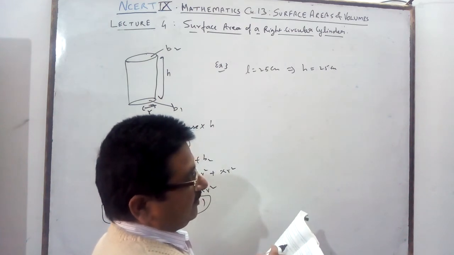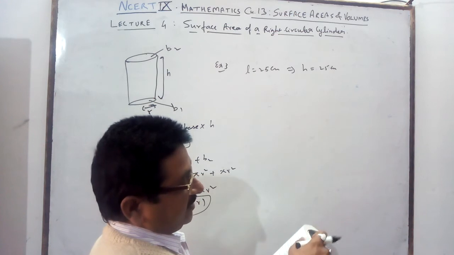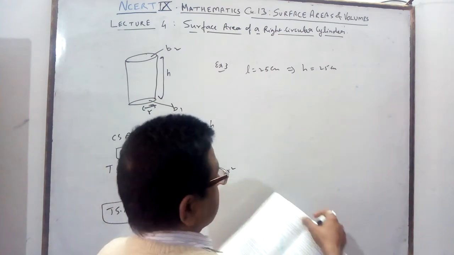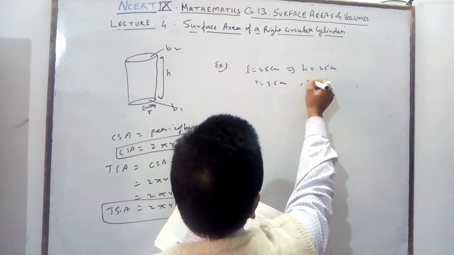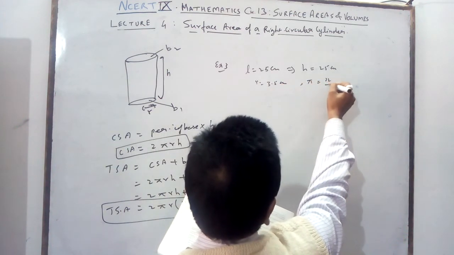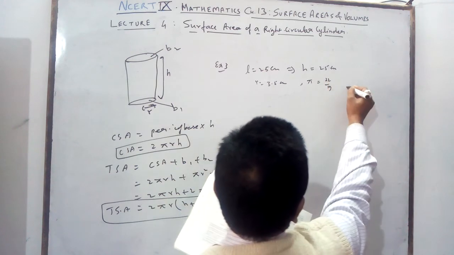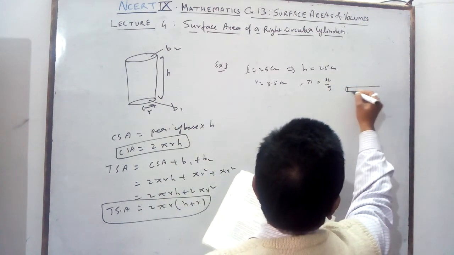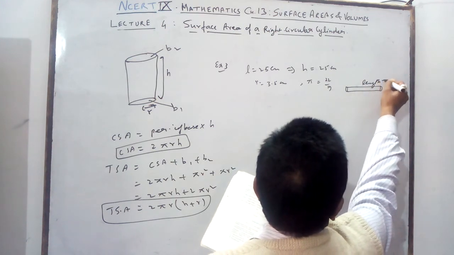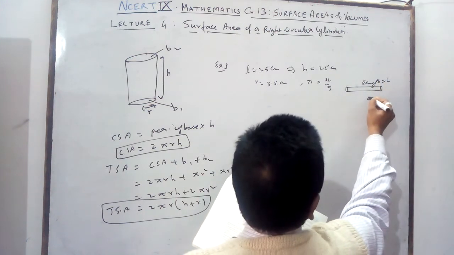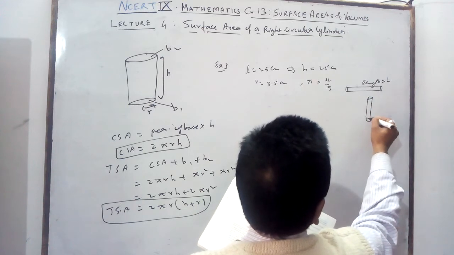What chart paper is required is the curved surface area. Radius is given 3.5 centimeter. Pi is given 22 by 7. If the cylinder is like this, then it is called the length, and it is the height also. When you write like this, it will become a height.